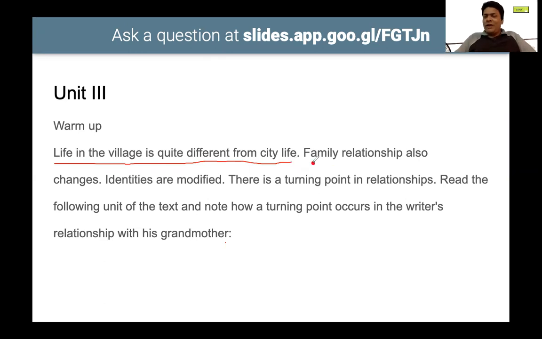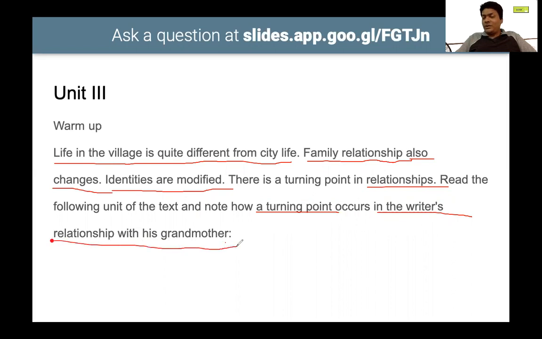Family relationships also change. Identities are modified. There is a turning point in the relationship. The following unit will tell us the text and note how a turning point occurs in the writer's relationship with his grandmother.